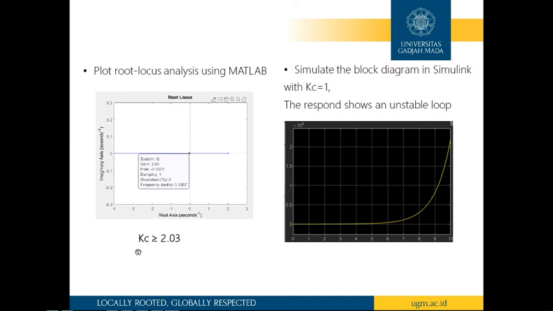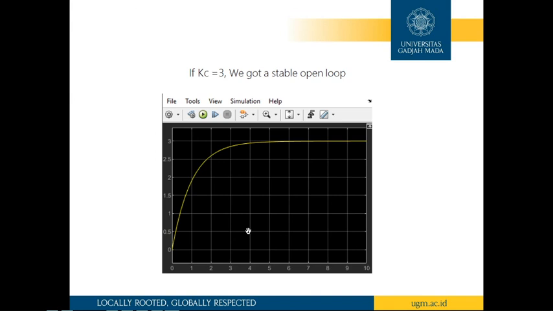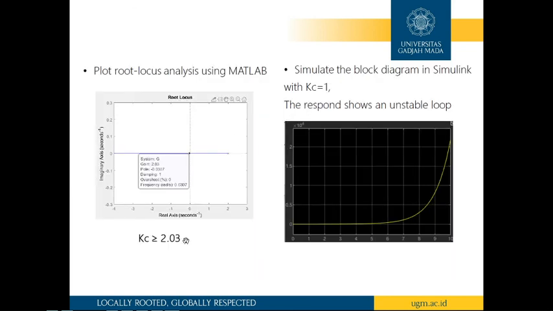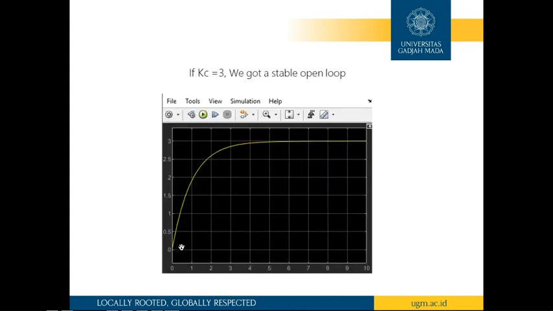So Kc should be greater than 2.03 if we want to make a stable loop. Then just take an example: if Kc is equal to 3, which is greater than 2.03, we get a stable open loop.